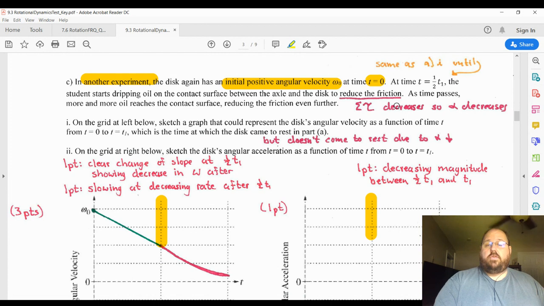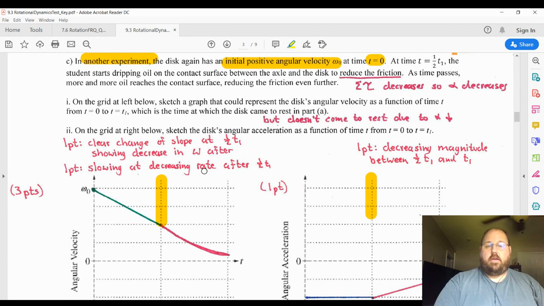So he's going to start reducing friction, and so the net torque is going to go down as he drips more and more oil onto the surface and reduces the friction more and more. Keep in mind that doesn't start happening until 1/2 T1.